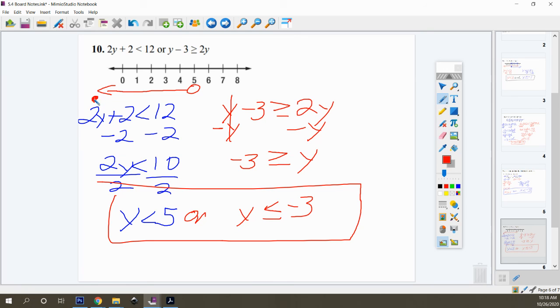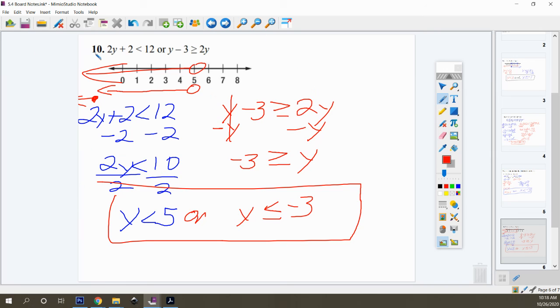It's going to be solid, and it's going to be going that way. Well, these would overlap over here, but it doesn't matter. That's all my graph is going to look like, because when these two overlap, I don't really care about the overlapping part because it's an or. If it was an and, I would only be able to keep this part over here.